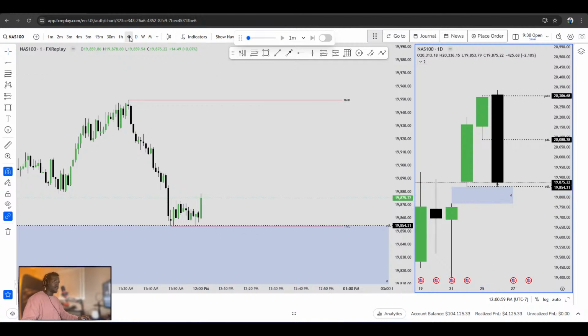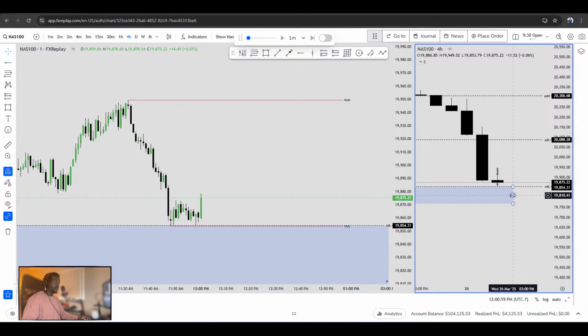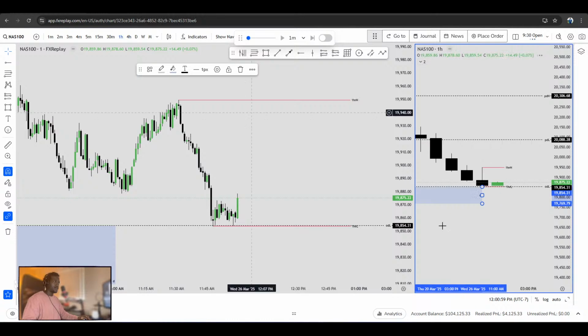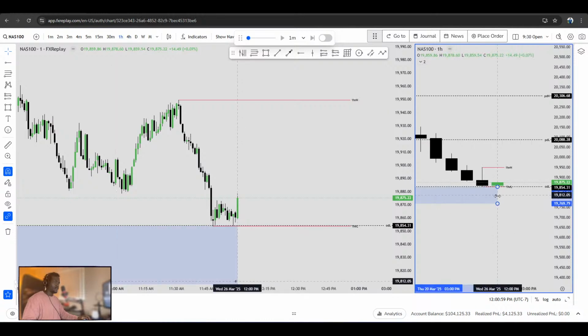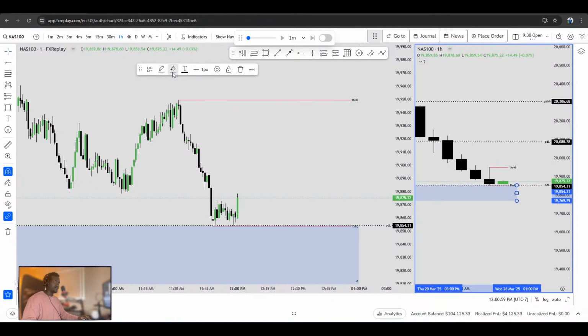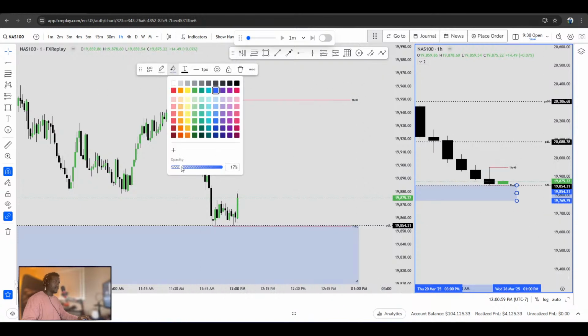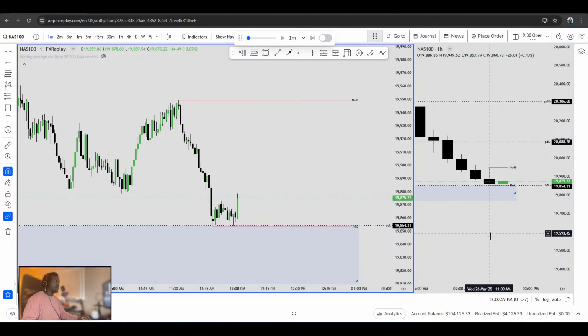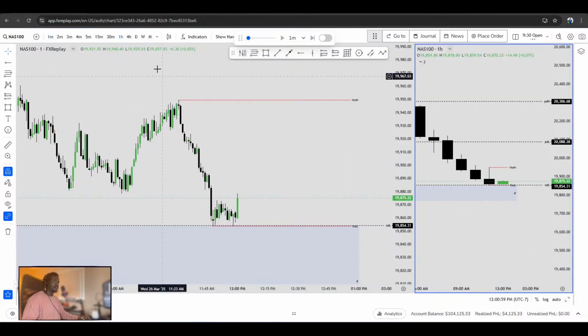I'm gonna have that on the daily. I just go down to the 4 hours, so I can trim this, bring it to the side a little bit. And then let's just go to the 1 hour. Is it there? So we know that that is that daily fair value gap over there.